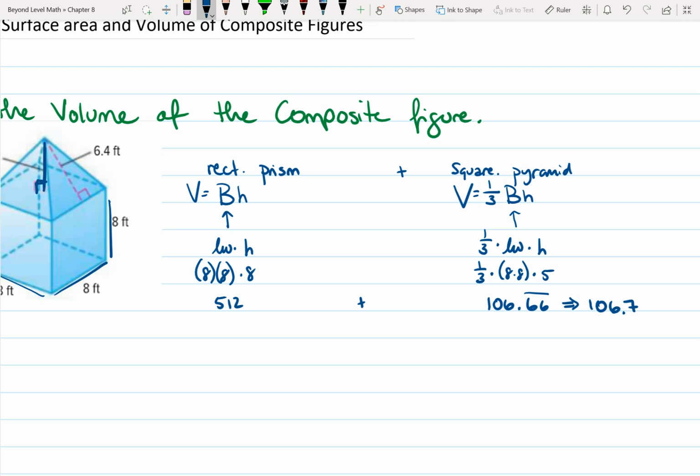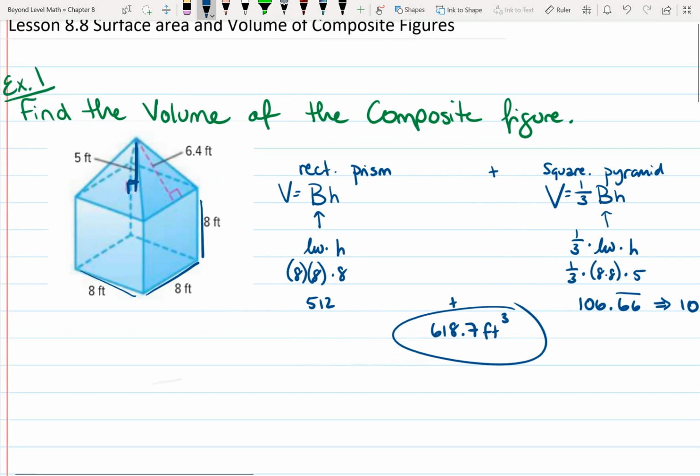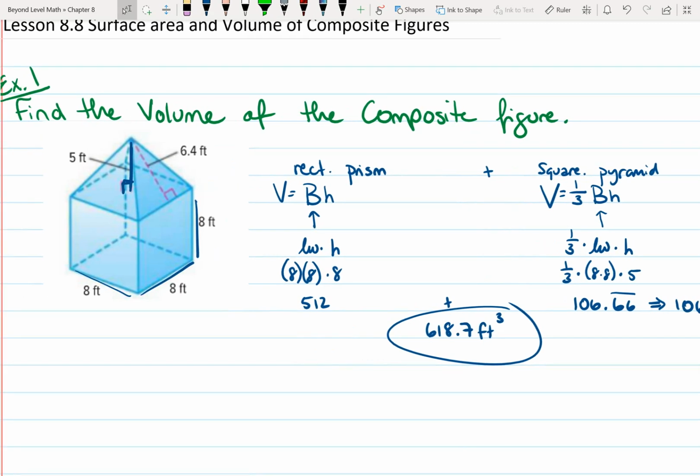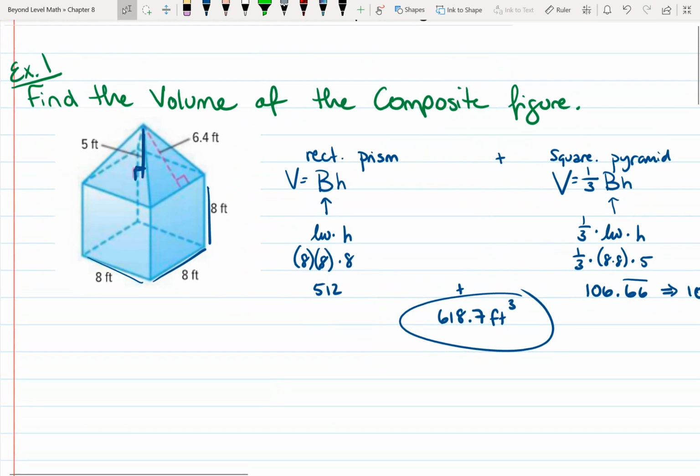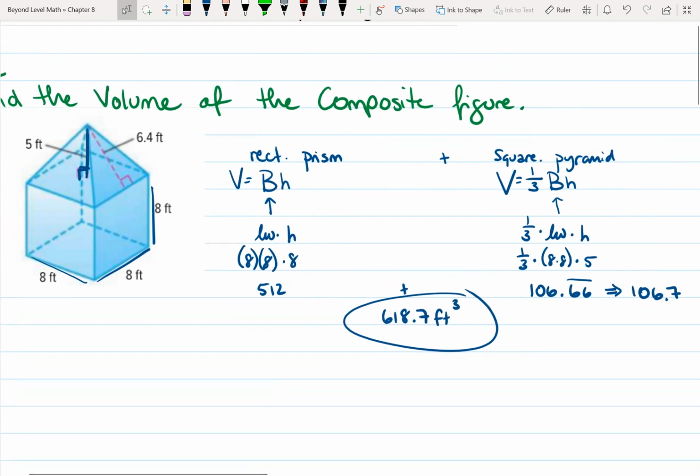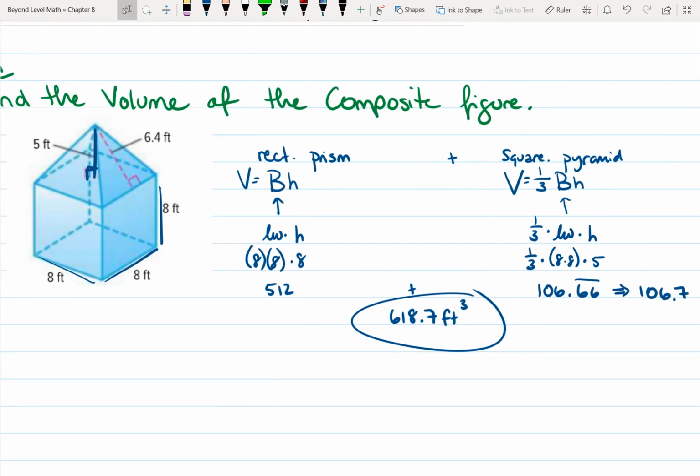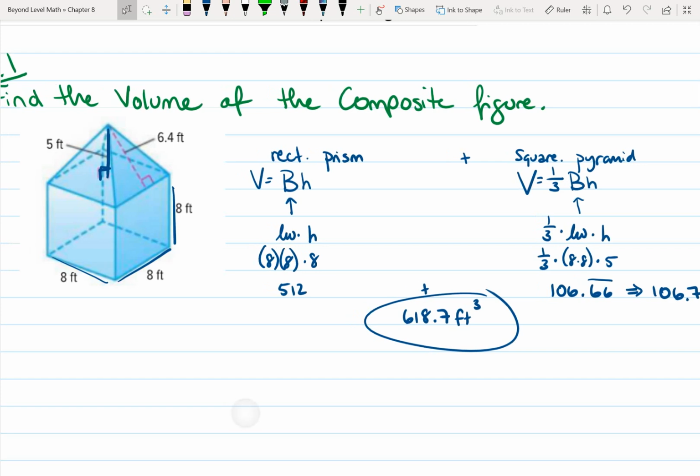We get 618.7. And since it's volume, it is feet cubed. Alrighty, so we're just adding the volume of both figures. And again, pause me if you need to get all the work down, to make sense of exactly what I did. I just don't want the video to be super long.